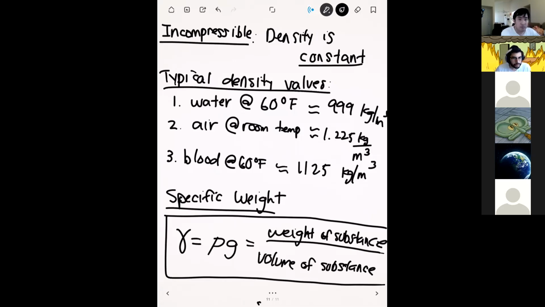I got a question. Will there be a point where we have to utilize the density value of blood? Maybe. I just wanted to give you some typical values here. There might be a problem later on where I ask you to use this, but this is just to put some numbers to it.